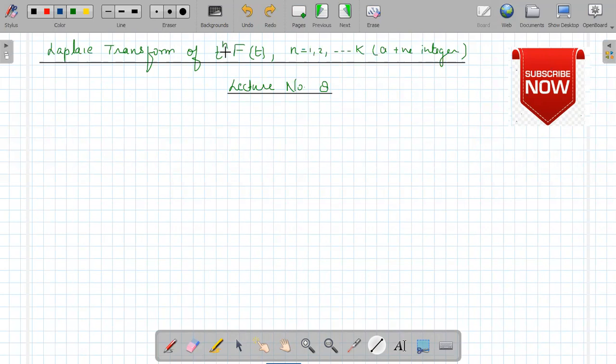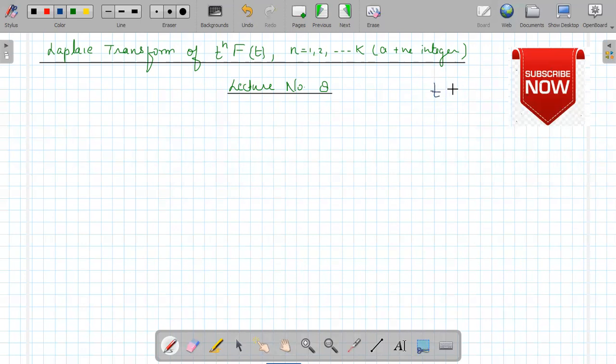Means you may be asked to find the Laplace transform of say t sin t, right? Or t cos t, or t square sin t, or t square cos t, or t cube e to the power t, like this.